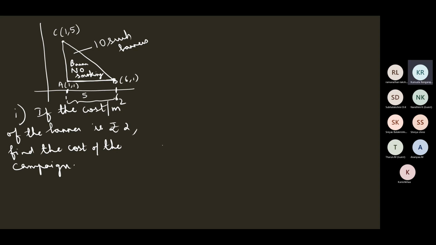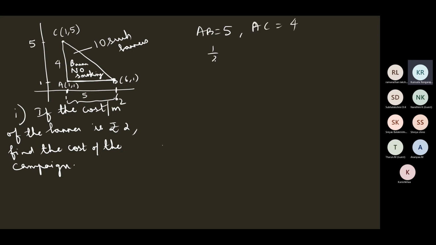So AB is 5 units, and AC, what's the marking here? 1,1. So y coordinate is 1 here, and this is 1,5, so y coordinate here is 5. So 5 minus 1, 4 units. So AB is equal to 5 units, and AC is equal to 4 units.